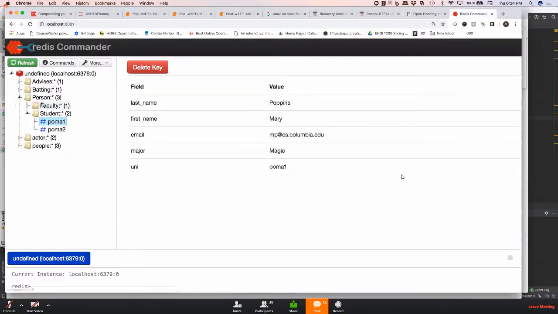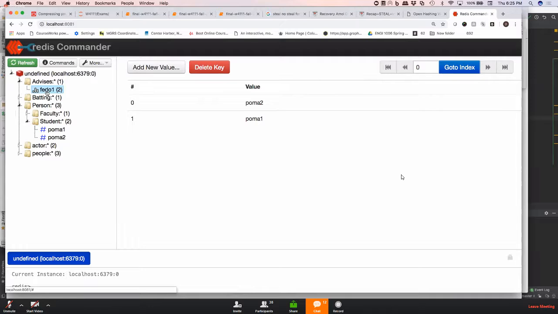And all I do for that is, additionally, for everybody who's an advisor, there's an entry, advises, colon, and all that's in there is a list of the unis of the people they advise. So that's all that is. It's right here.